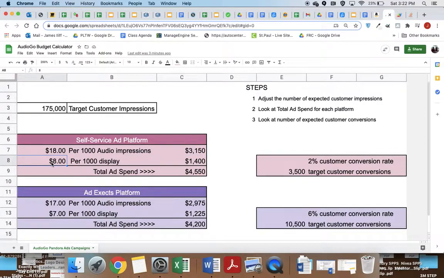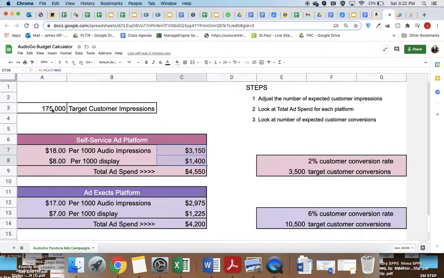We know that it costs $8 per 1,000 graphic display ads. To reach these 175,000 impressions, it's going to cost $1,400. And then for our self-service ad platform, our total spend would be $4,550. That is just these two numbers added together.